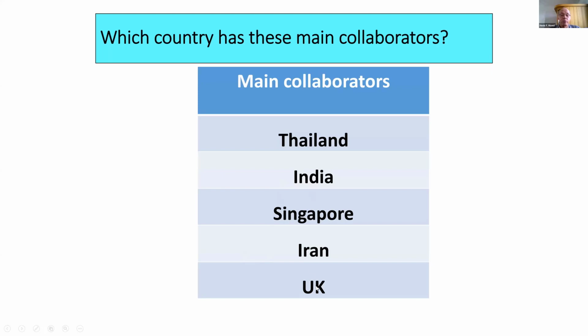UK is a former colonizer, and Iran has strong political relationships with Malaysia, to the best of my knowledge. So here again we see how political, historical, and social factors influence bibliometric patterns.